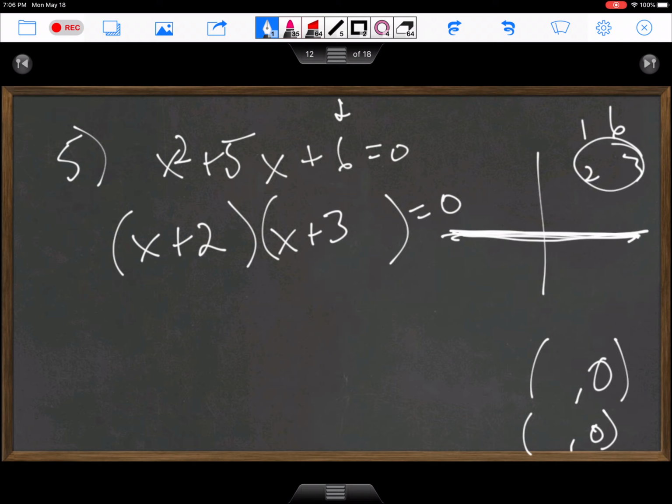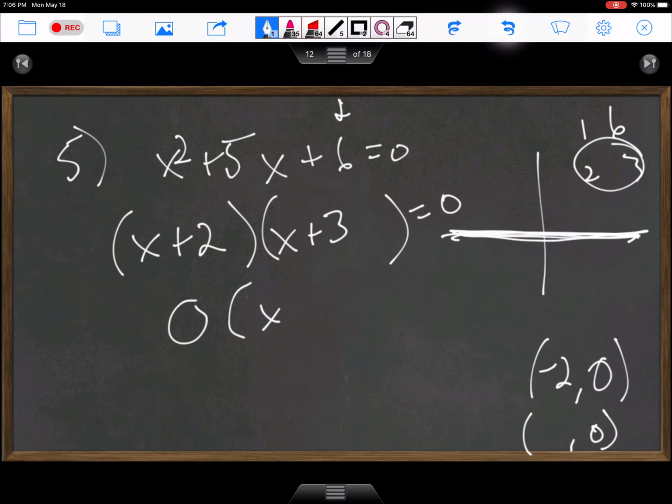So let me show you what I mean. If I can get this to be 0, I can get it to be 0 if x is negative 2, right? Would you agree? Negative 2 plus 2 is 0. So x can be negative 2. And the reason that works is, if I have 0 here, 0 times x plus 3, whatever that is, is 0. 0 times anything is 0.